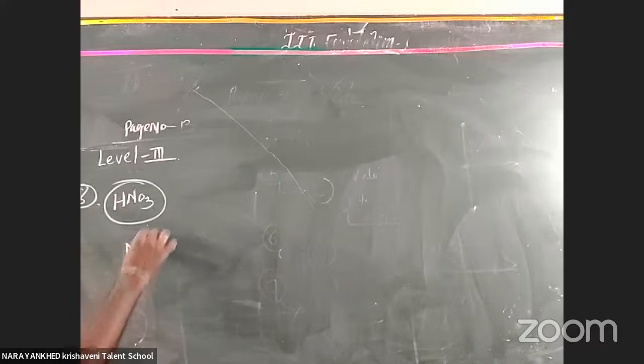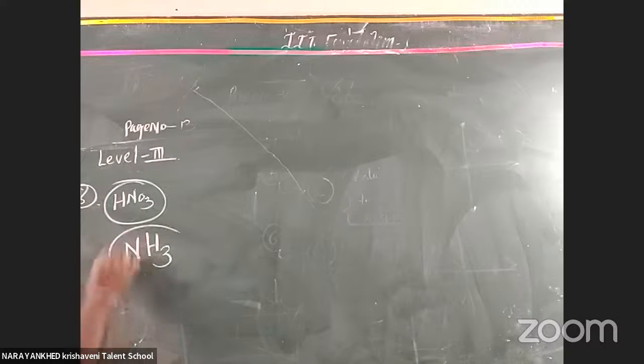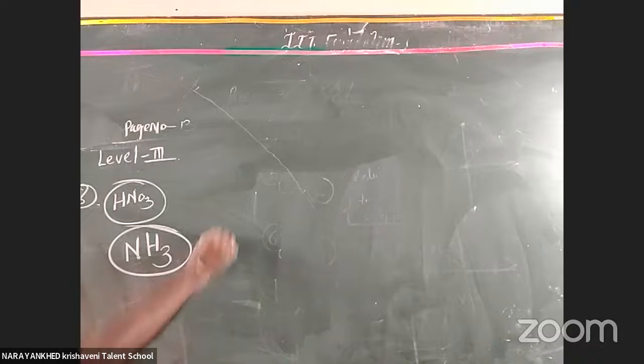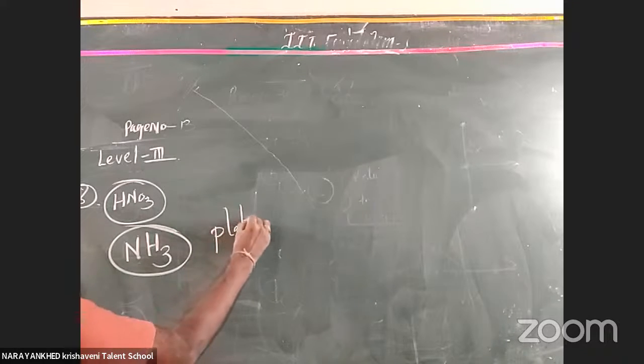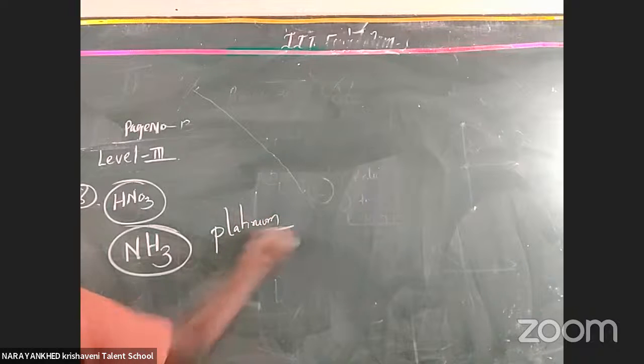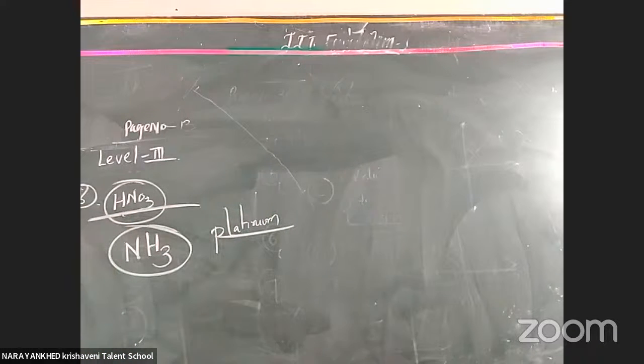We take ammonia and oxidize it under platinum. Under the platinum, we get HNO3. Understood, all of you students? That is why this catalyst is used here. Platinum is used for the preparation of nitric acid. Okay, clear or not?